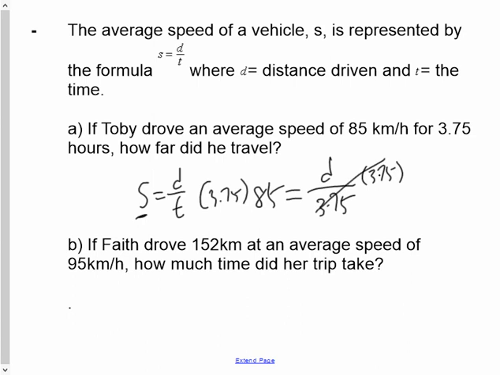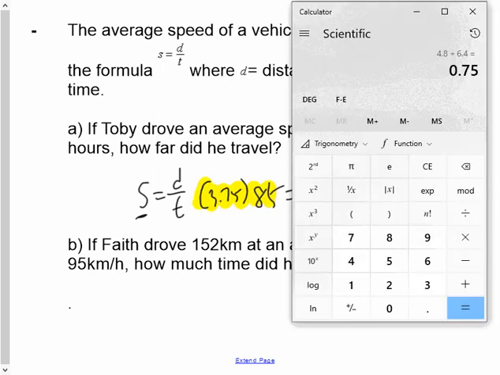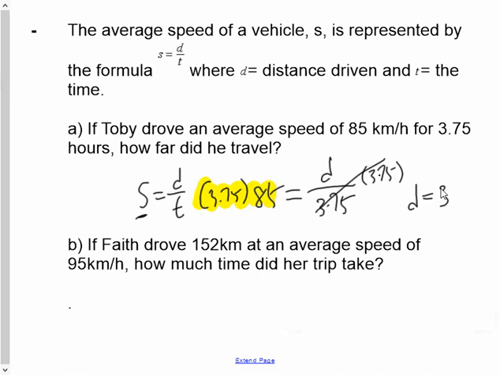And that is going to give me D equals the product of these two, which will be 3.75 multiplied by 85. It's 318.75. Therefore, how far did he travel? Therefore, Toby traveled 318.75 kilometers.